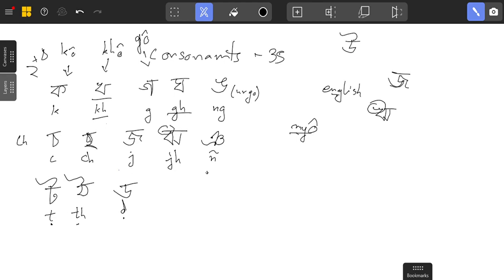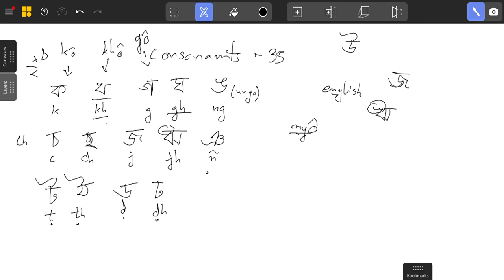It doesn't have that thing or this one here, so it's da. Ta, tha, da, dha. Another confusing letter, but it doesn't have what we call the antenna thing. So this is da, dha.